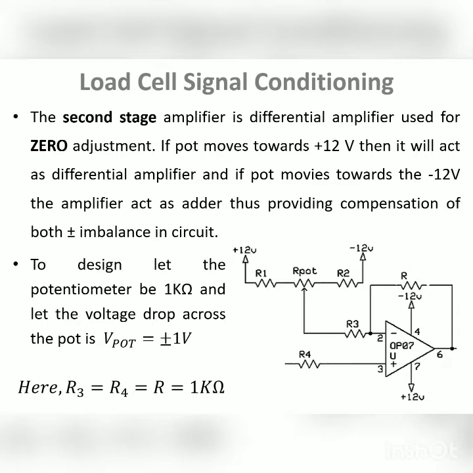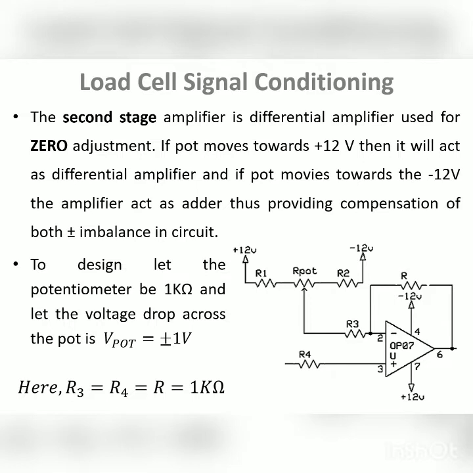If the potentiometer moves towards plus 12 volt, then it will act as a differential amplifier, and if it moves towards minus 12 volt, then it will act simply as an adder circuit, which will provide compensation of both plus and minus imbalance in the circuit.